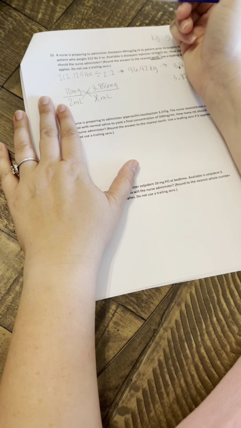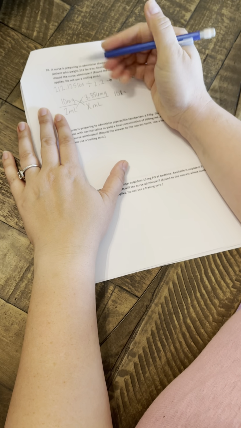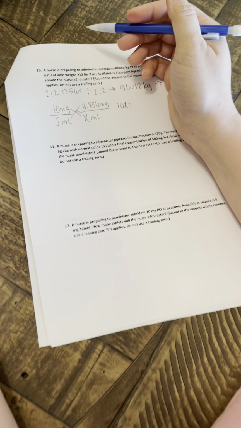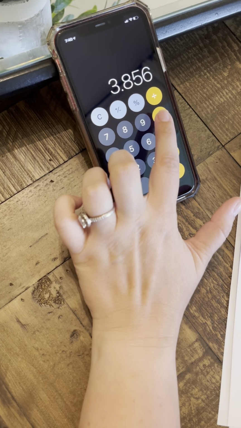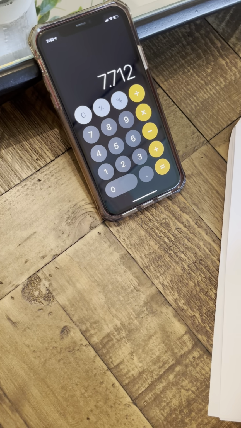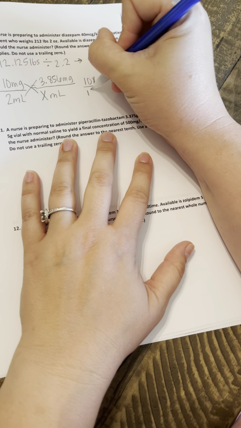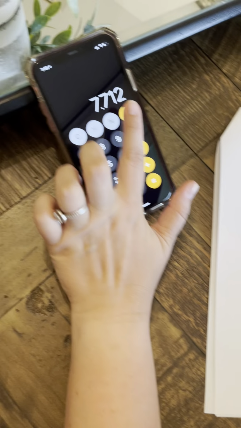So we cross multiply. So we have 10x equals 3.856 times 2, 7.712. Divide each side by 10 to get x by itself.